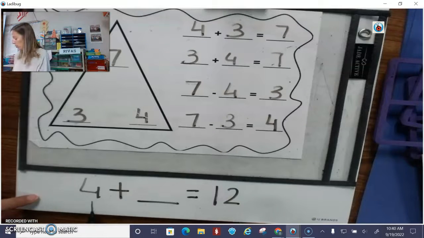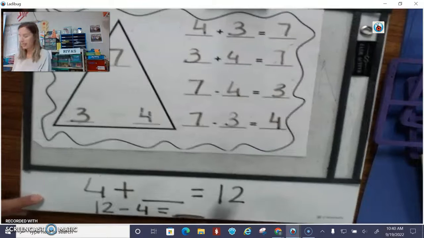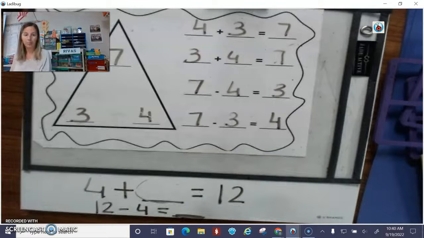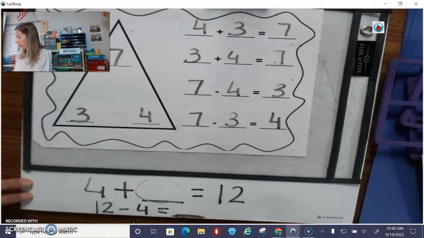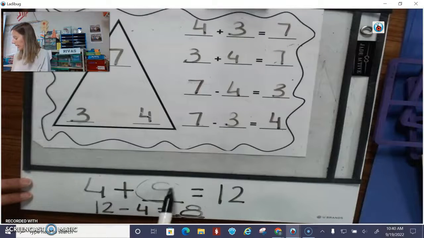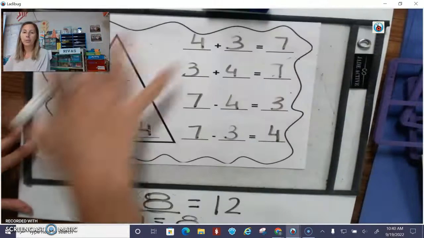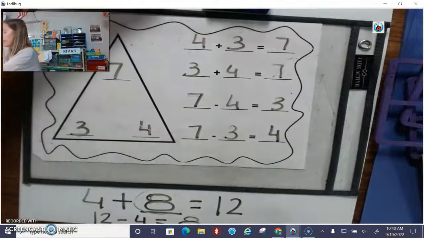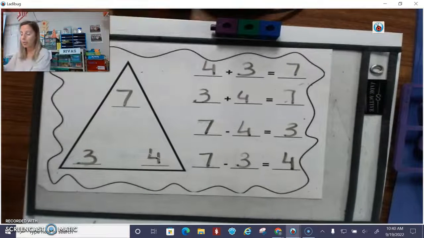They can do 12 minus 4, and whatever the answer is, that's the number I have to put over here. If I take 4 away from 12, that is 8, and I can solve this equation because 4 plus 8 equals 12.